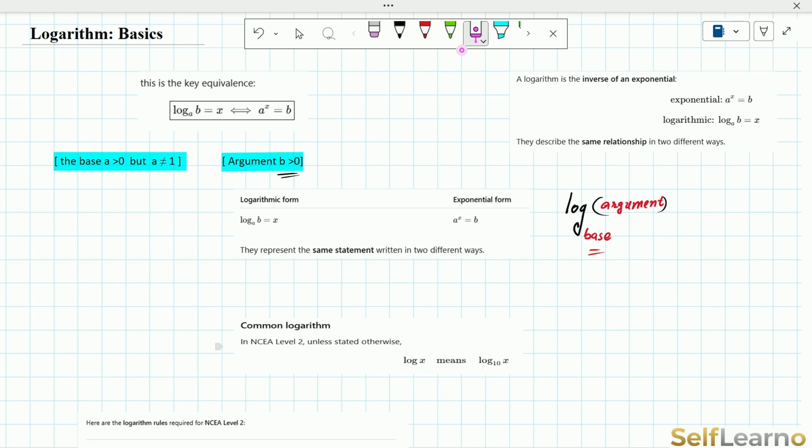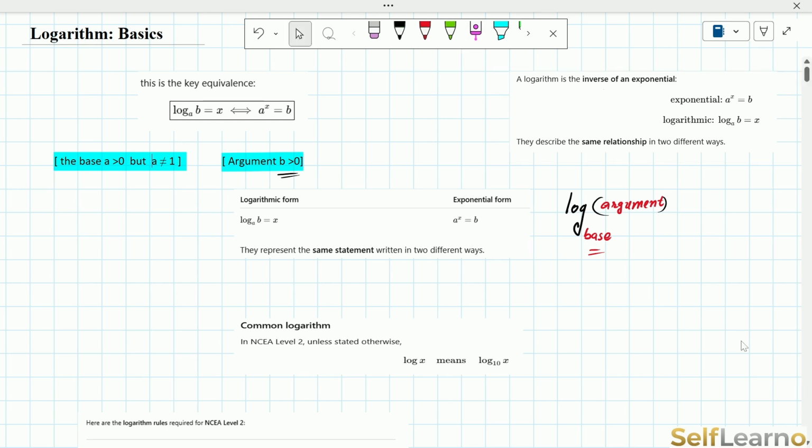Whenever the base is not written, you should assume that the value of the base is 10. See this example I have given. Log x means log x with base 10. If the base is written, that is fine. But if it is not written, assume it to be 10. No one will clarify that.